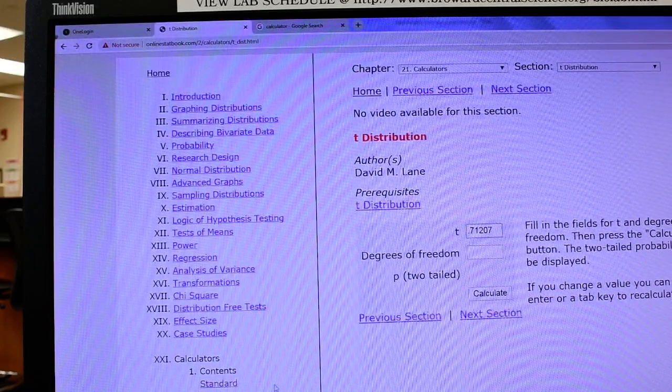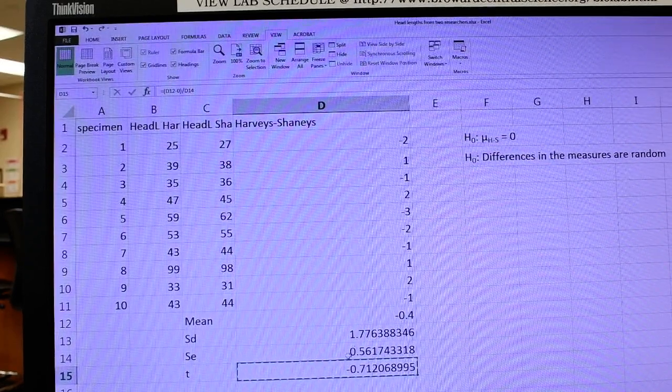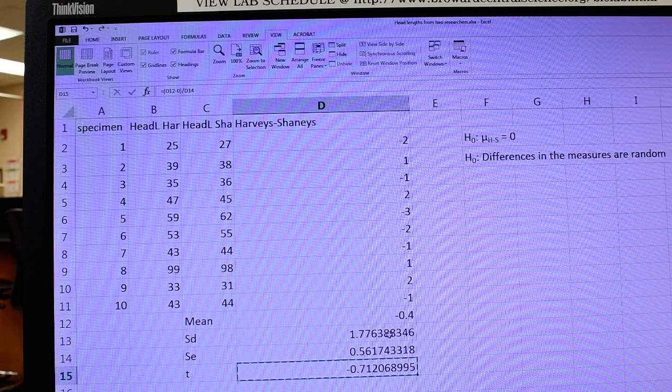Degrees of freedom. Okay, let's go back to this. Now, for degrees of freedom, notice that we've only calculated or estimated one standard deviation. So we only lose 1 degree of freedom. Also, even though there may be 20 data points over here, we're only looking at those. So this is 10 data points or 10 scores. We lose 1 degree of freedom.